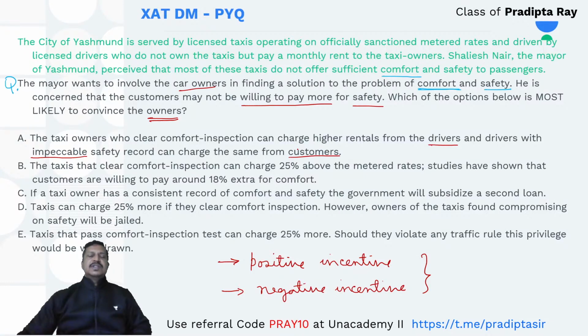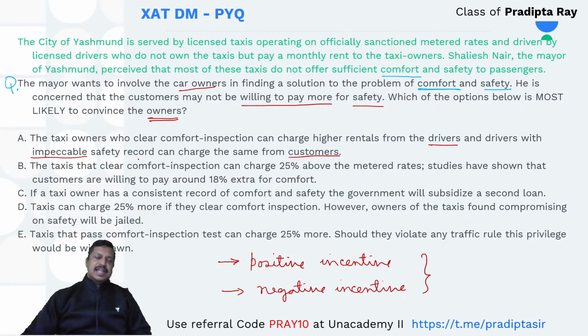So ideally, what will be the situation? The question is, which of the following options is most likely to convince the owners, right? This will be very difficult as far as convincing the owners is concerned, because impeccable safety record is something you have to find out. You have to decide what you mean by impeccable, right?